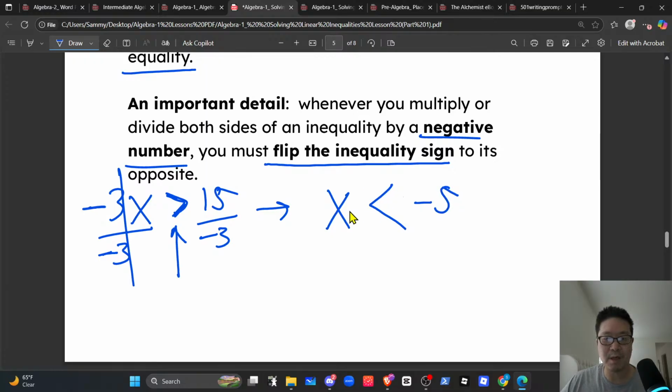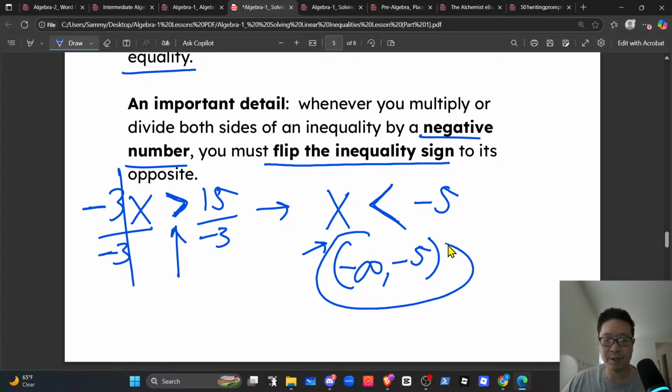So this would be our inequality. Okay, and in interval notation, it would be what? All numbers less than -5. So negative infinity up to -5, but not including -5, right? This is a strict inequality. So in interval notation, our answer would look like that. Okay, you have to remember to flip your inequality sign.